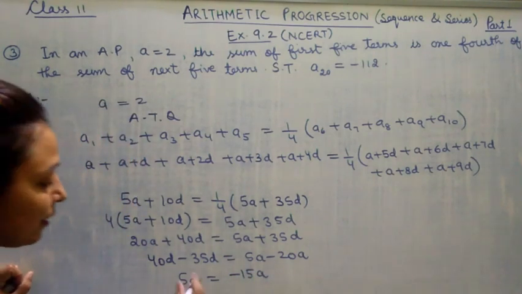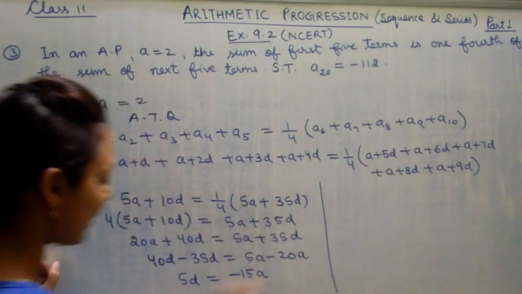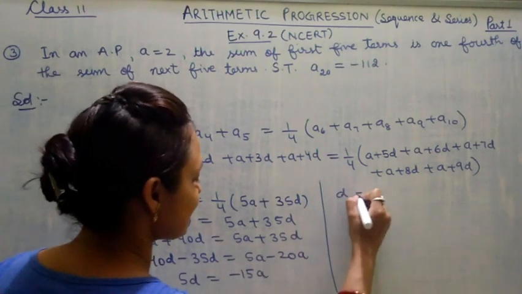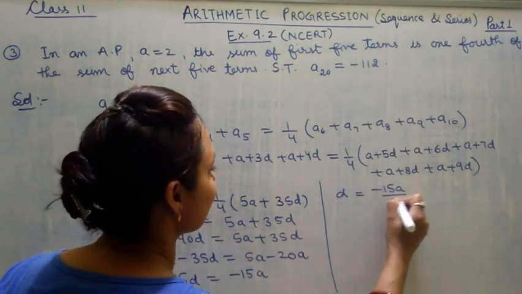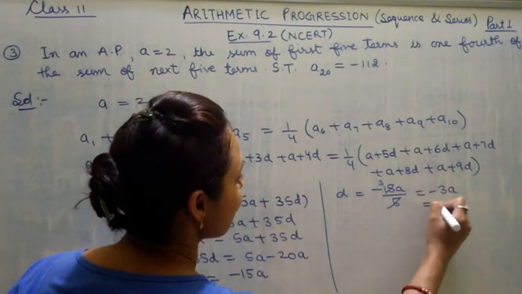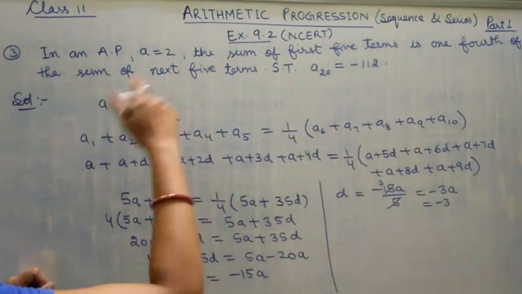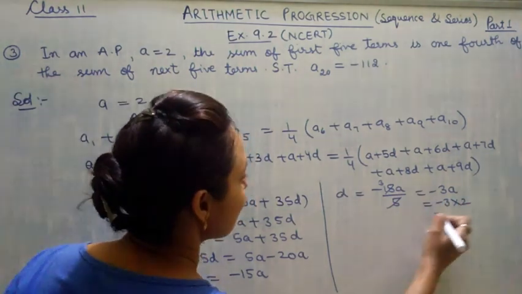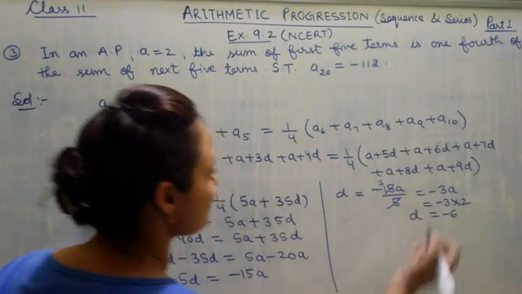I will put the value after dividing. I will divide. This is minus 15a divided by 5. 5 3s are 15. This is minus 3a. At last we will put the value of a, that is 2. So I will write 2, that is minus 6. d is equal to minus 6.